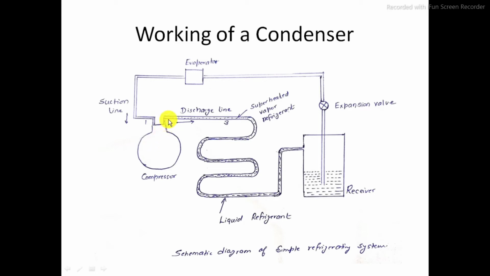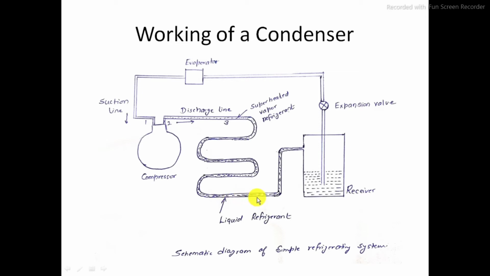This high pressure and high temperature vapor refrigerant goes into the discharge line and comes into the condenser coils. In the condenser coils we can use air or water to cool the vapor refrigerant. After cooling, the vapor refrigerant loses its latent heat and gets converted into liquid refrigerant.